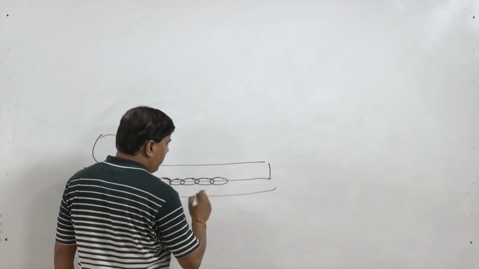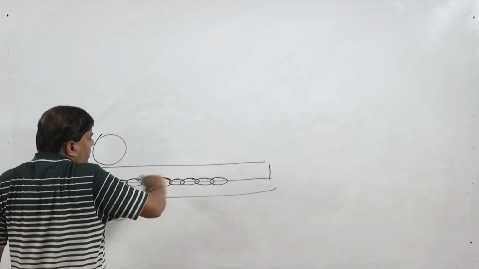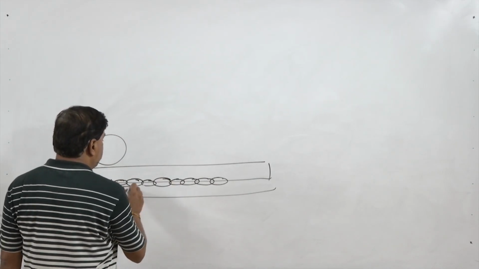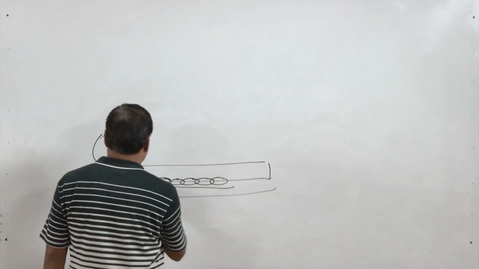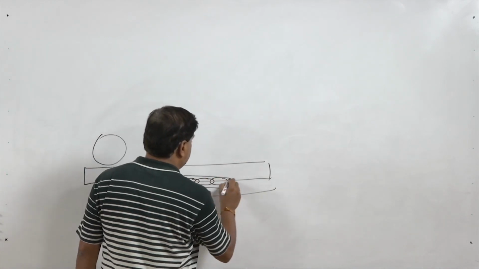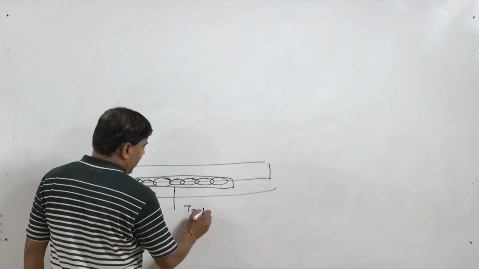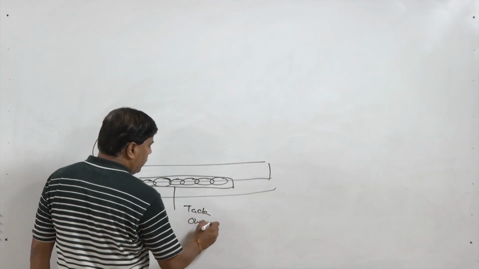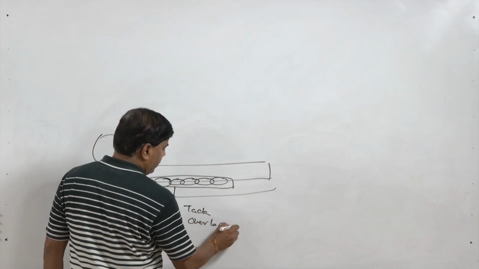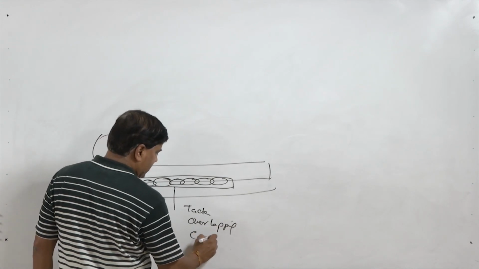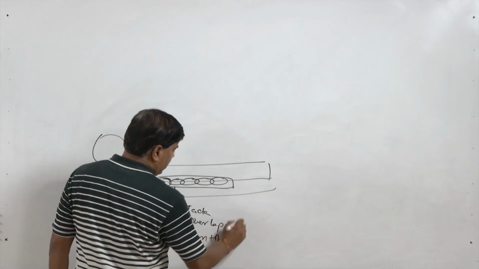This is an overlapping weld, or instead, the weld can be made continuously rather than intermittent or overlapping. So there are three types: tack weld, overlapping, or continuous seam welds.